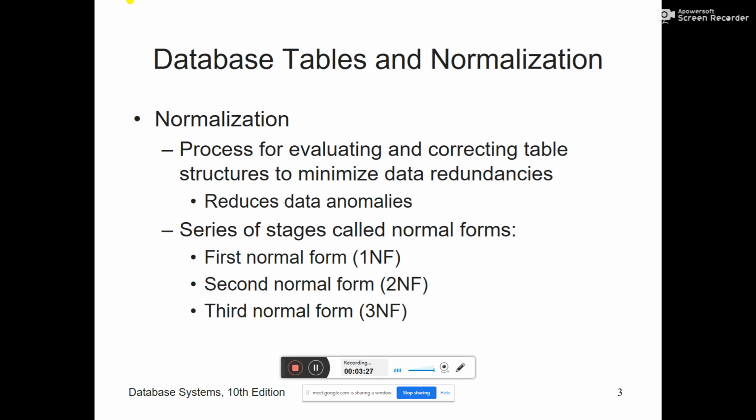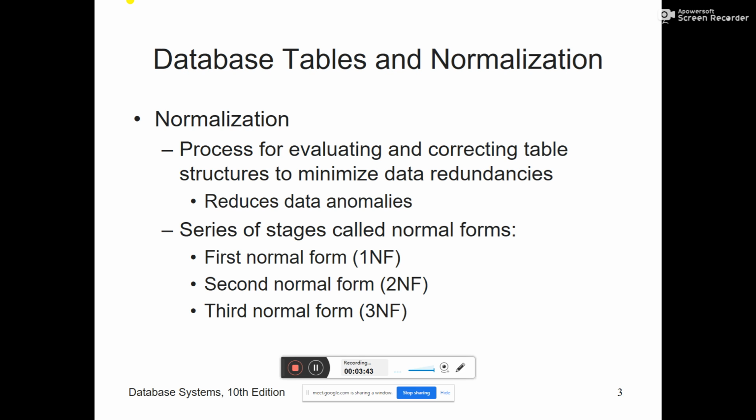With normalization you can recognize a poor table structure, and then you know how to convert it to a good table structure. So this is what normalization is.